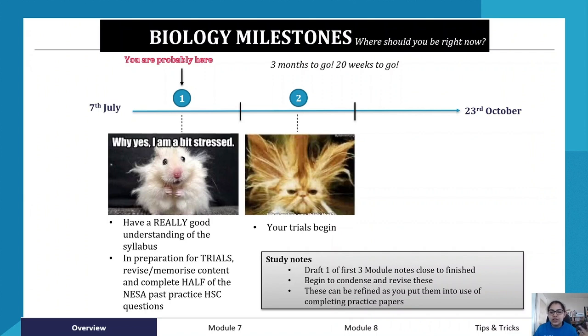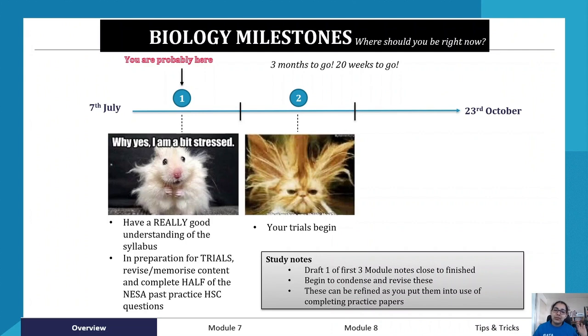And I know, sure, it's worth usually 25% or something in your grades in class, in terms of the assignments, but nonetheless, remember, 50% of your overall mark is still locked away until you get to the HSC. It's in that treasure chest and you have the key to open it.